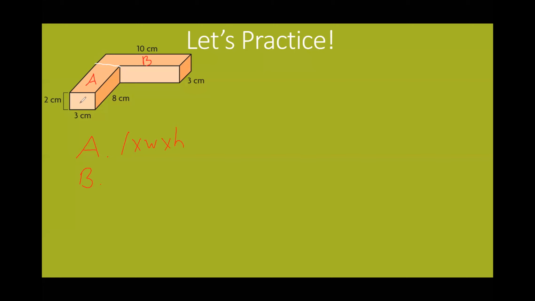And the length of A is from left to right, it's 3. And what about the width from front to back? It's 8. They gave me that dimension. And the height is 2. 3 times 8 times 2. Well, I know that 3 times 8 is 24. So what's 24 times 2? 48 centimeters cubed.